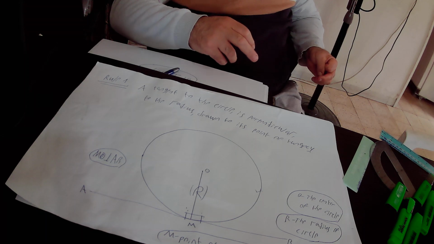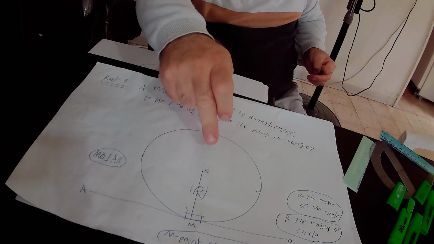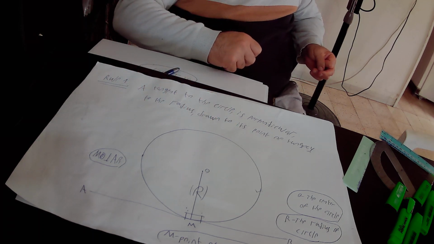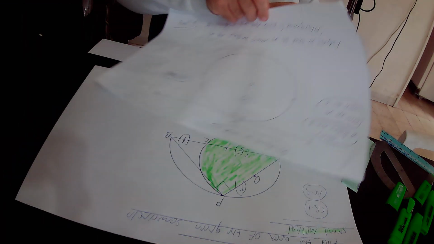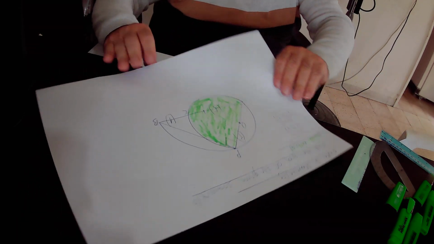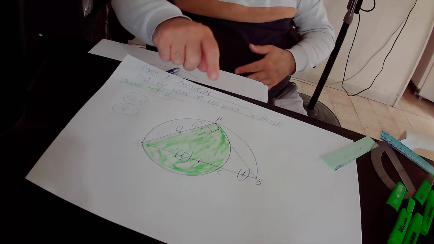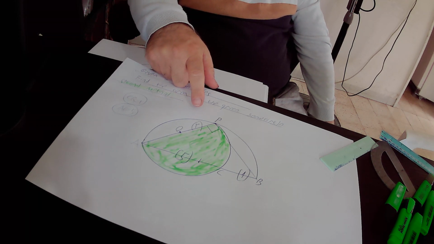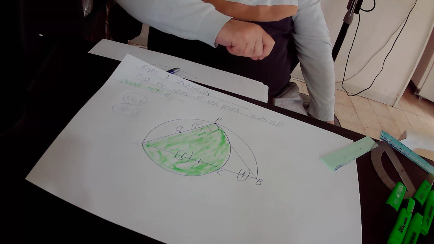Why? Because we have line segment AB that is perpendicular to the radius MO, and line segment AB is defined as a tangent to this circle. So we can actually implement rule 1 in our drawing. Why? Because in our drawing, line segment BP is perpendicular to the radius PO of this green semicircle, and therefore, according to rule 1, line segment BP must be defined as a tangent to this green semicircle.